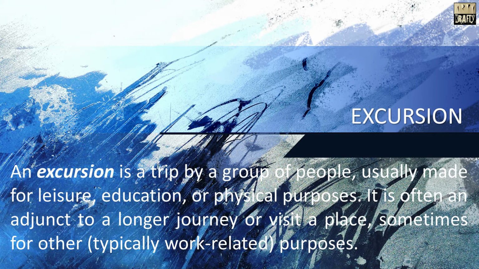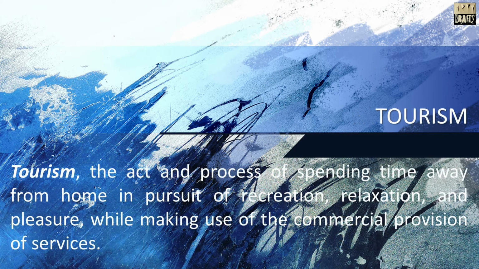It is often an adjunct to a longer journey or visit to a place, sometimes for other, typically work-related purposes. Tourism is the act and process of spending time away from home in pursuit of recreation, relaxation, and pleasure, while making use of the commercial provision of services.